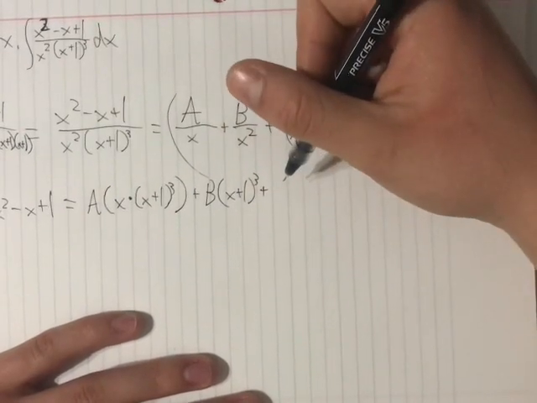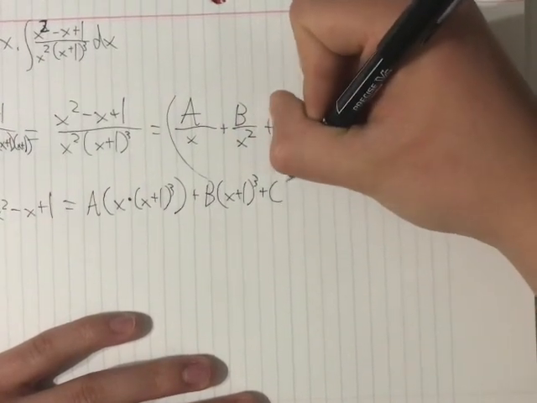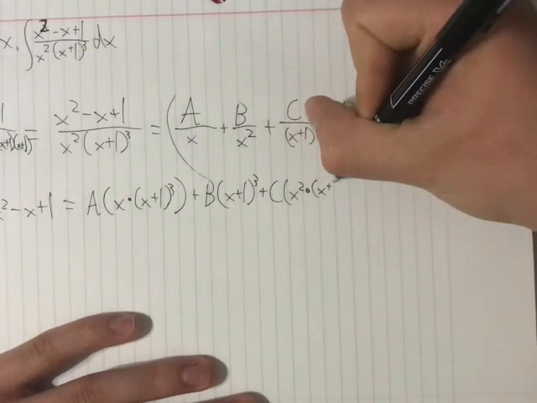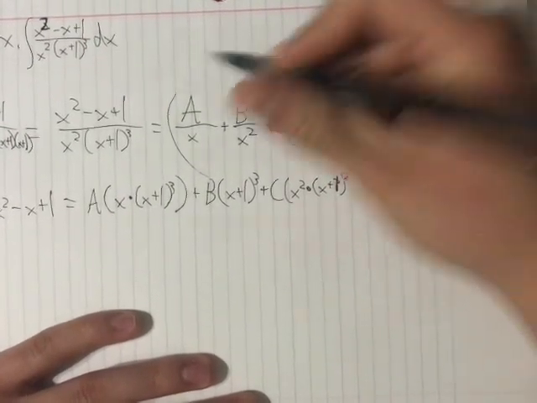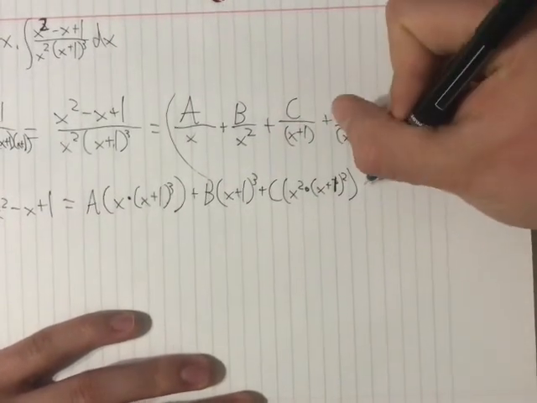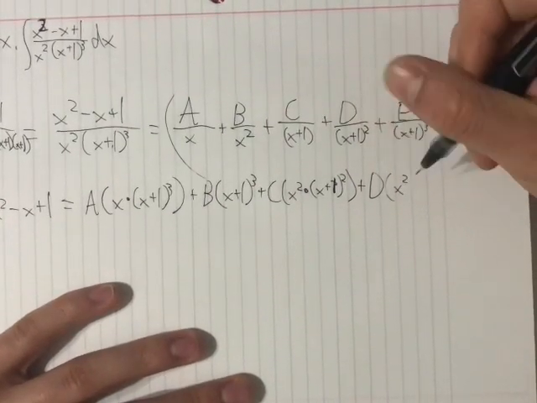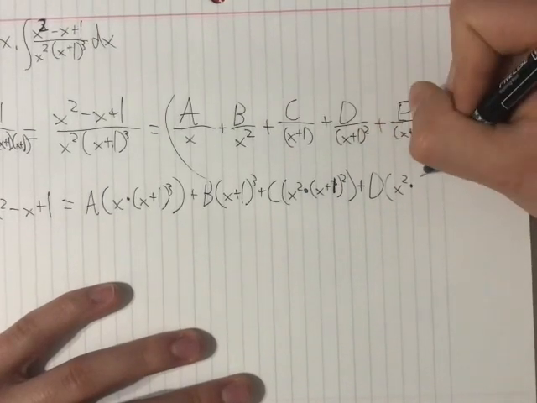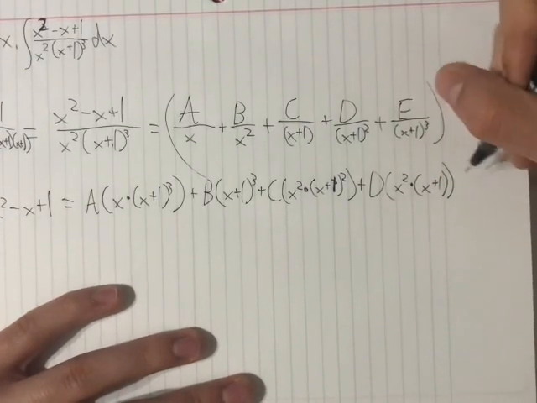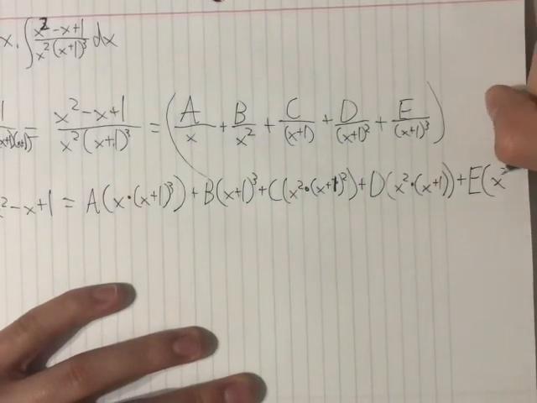Because none of those factors are being canceled out, plus c times x squared times x plus 1 squared, right? Because we only have 1x plus 1, but we have 3 over here, plus d times x squared times x plus 1, plus e times x squared.